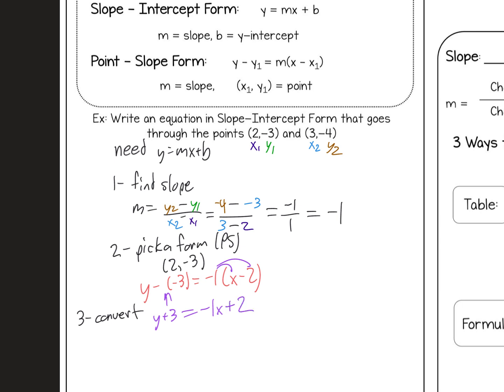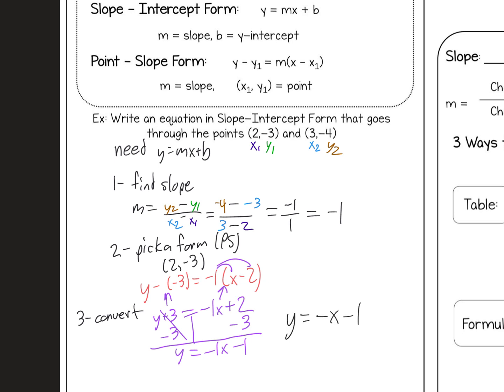We now have y plus 3 is equal to -1x plus 2. To get y by itself, we need to get rid of this plus 3 by subtracting 3. These cancel out and we are left with y on the left. But whatever we do to the left, we gotta do to the right. -1x stays the same, and 2 minus 3 gives us -1, so our final answer is y is equal to -x minus 1.